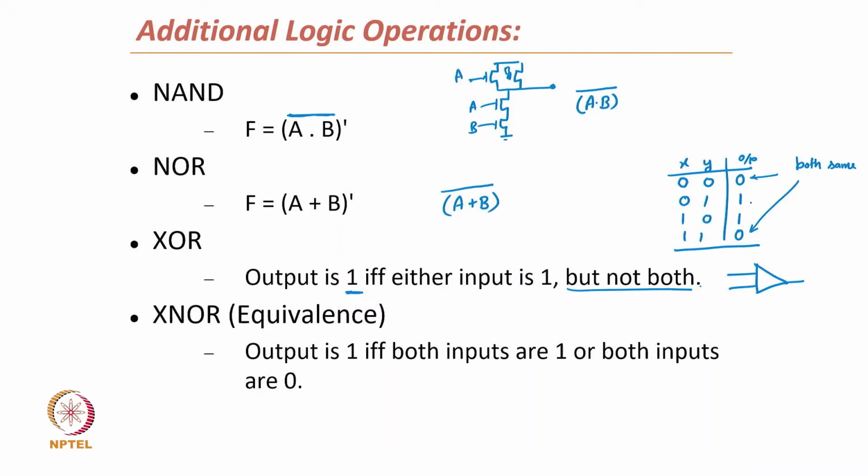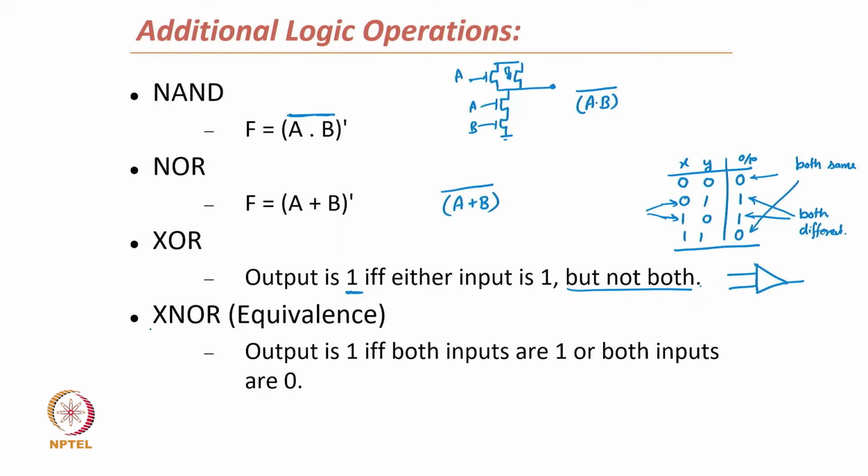If the two signals are different, whether it is 0 1 or 1 0, then the output is 1. So, we can say if both are different, then the output is 1, and if both of the signals are same, then the output is 0. So, this gate is very widely used as a comparator or a digital comparator in our logic design.